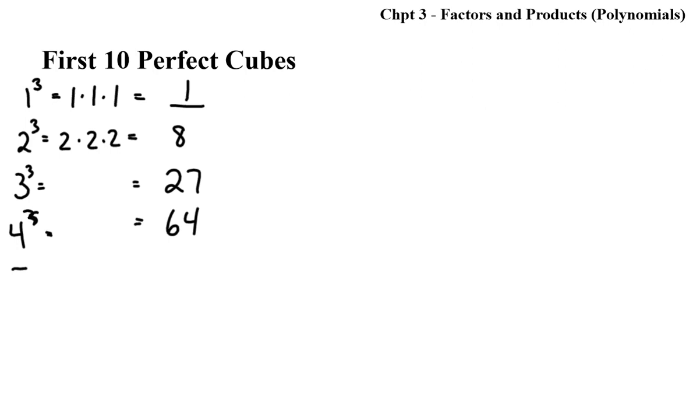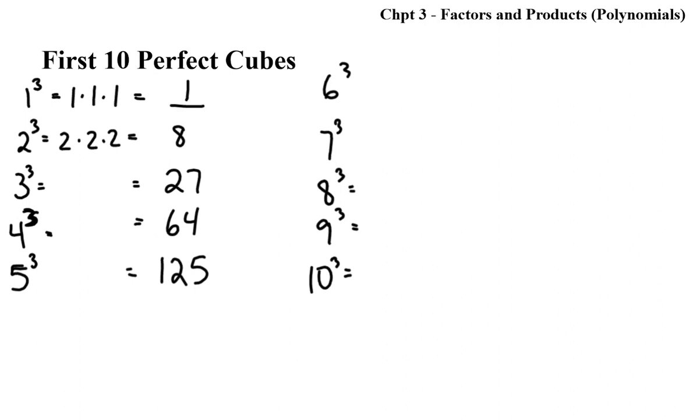Oh, cubed, not to the 5th. 5 cubed is 125. And now we go to 6 cubed, 7 cubed, 8 cubed, 9 cubed, 10 cubed. These are all values you should have written down, access to, because you will be expected to know these. 6 cubed, 6 times 6 times 6, 216. 7 cubed, 343. 8 cubed, 512. 9 cubed, 729.